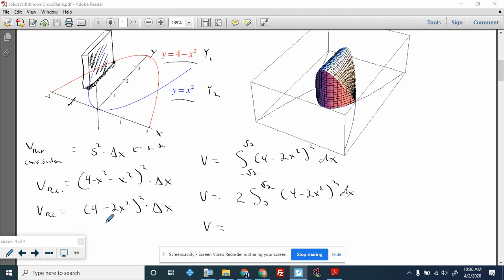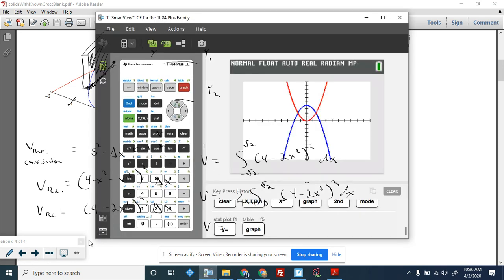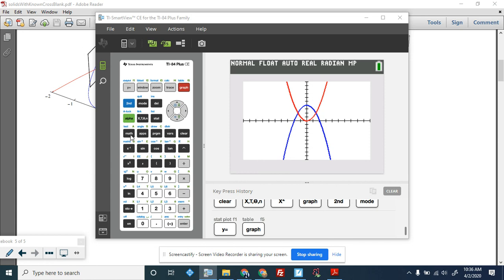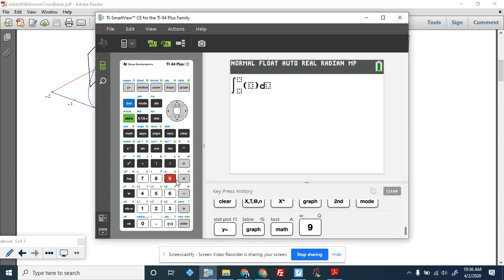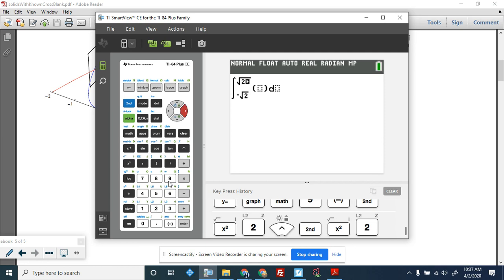So if I go ahead now and go over to my little app here, right, I can do math 9, right? I'm going to go from, the calc, who cares if the calc has to do work, right? So I'll go from negative radical 2, bear with me here, positive radical 2.